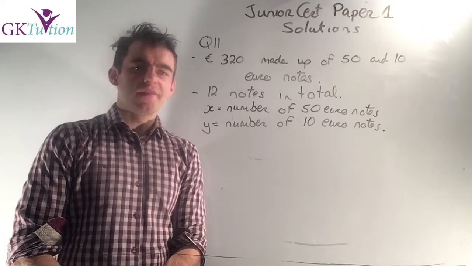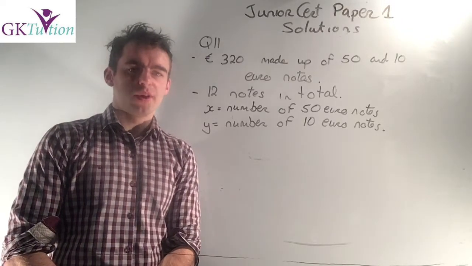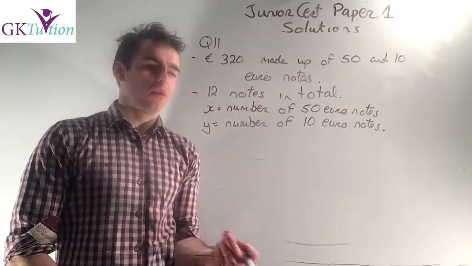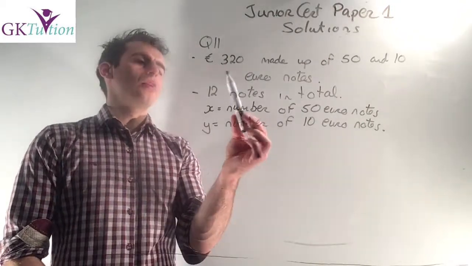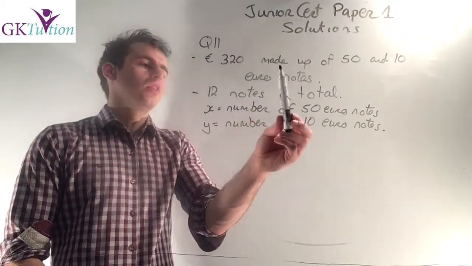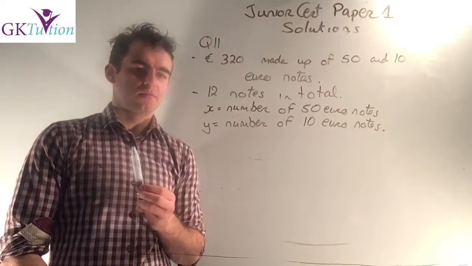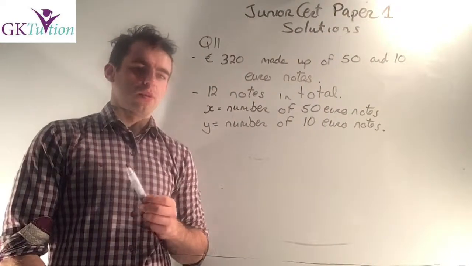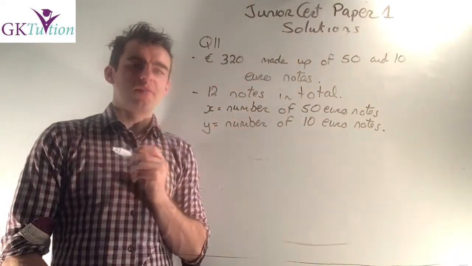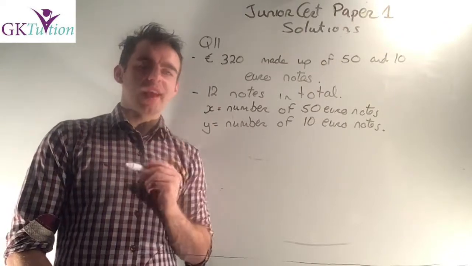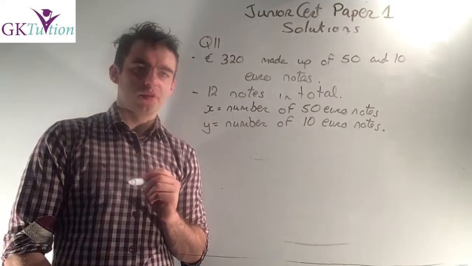Okay, for question 11, you had to come up with a simultaneous equation. I've written down some of the important information here. You've €320 made up of €50 and €10 notes. You've 12 notes in total. That first statement is going to allow me to come up with one equation. The second statement is going to allow me to come up with another equation.